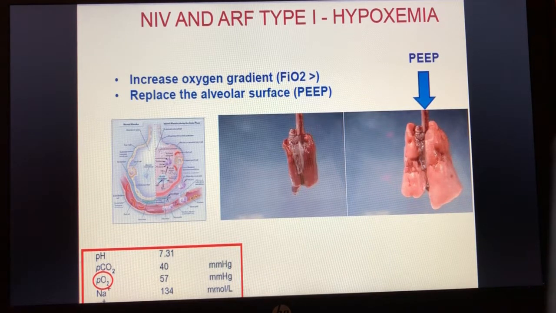Moving on to how, in type 1, so hypoxic acute respiratory failure, the use of PEEP may help. Very simply put, you can see in the photographs of the lungs that the left-hand lung is deflated and the right-hand lung is relatively inflated.